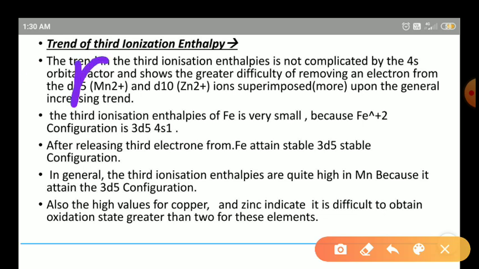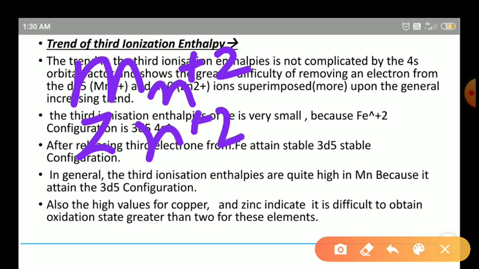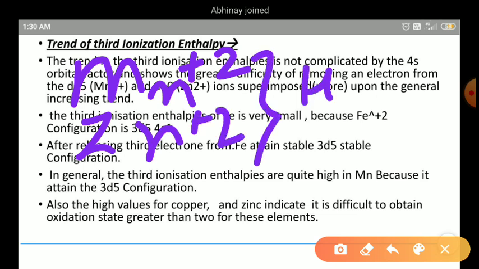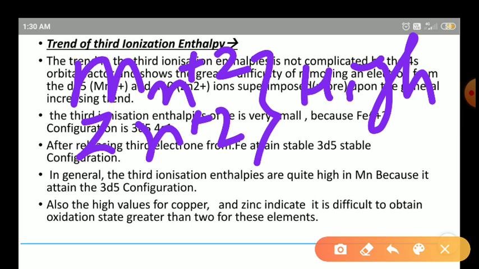Okay students, in the magnesium and zinc ions, the third ionization enthalpy is very high.